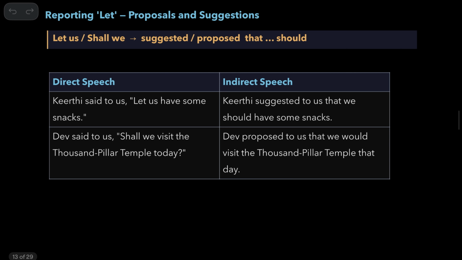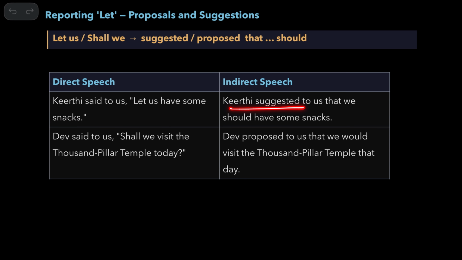So, how do you report "let"? Like, "Let us have some snacks." Or, "Shall we visit the thousand pillar temple today?" When there is a sentence starting with "let us" or "shall we", you should use suggested or proposed plus that, etc. Kirti said to us, "Let us have some snacks."